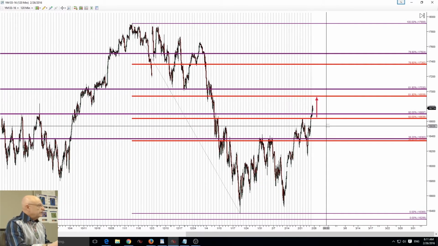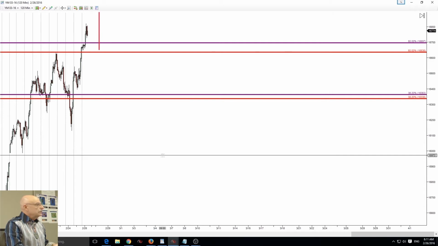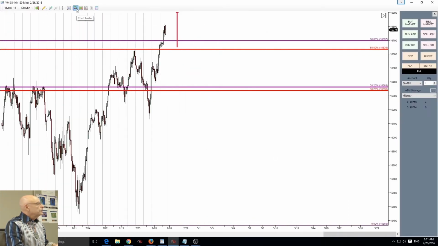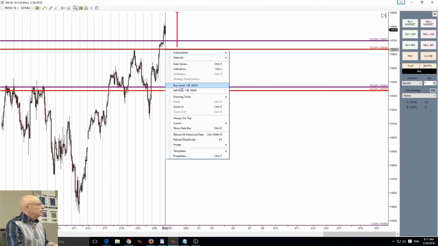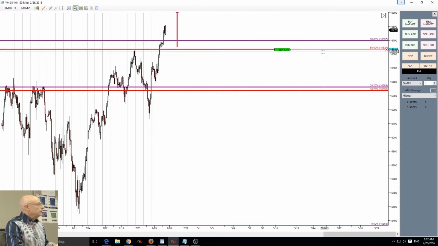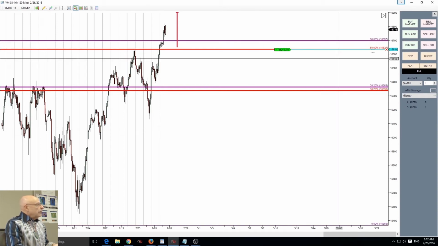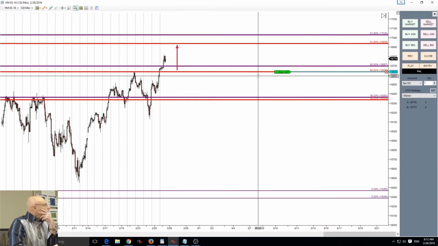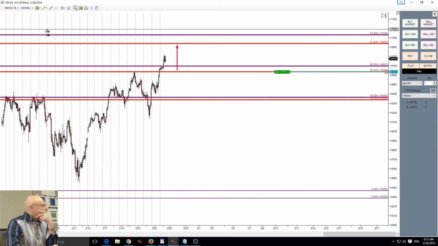So our trading strategy is buy right here, buy right here, broken level, and our target is right here. Okay, so that's Dow Jones Industrial Average.